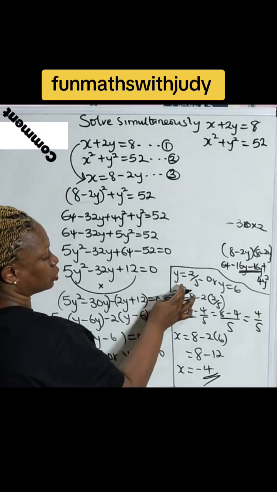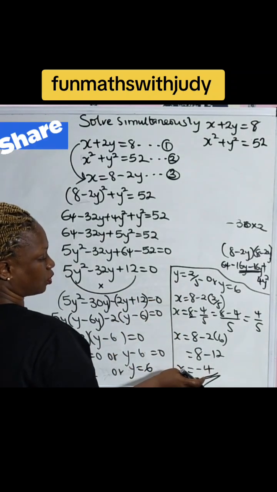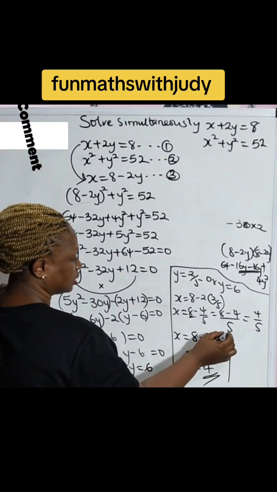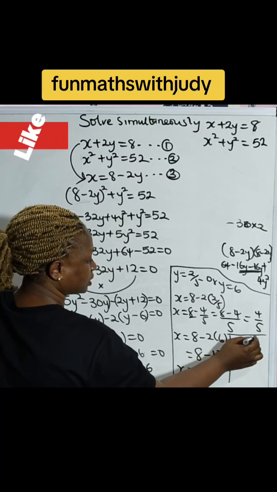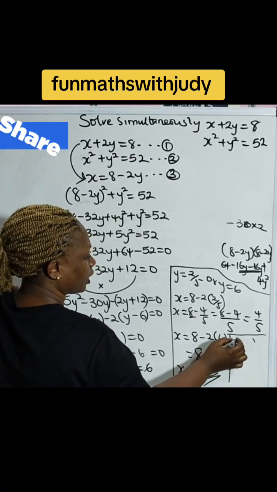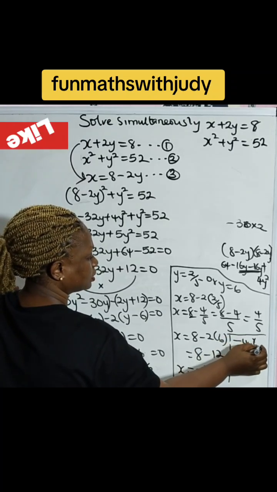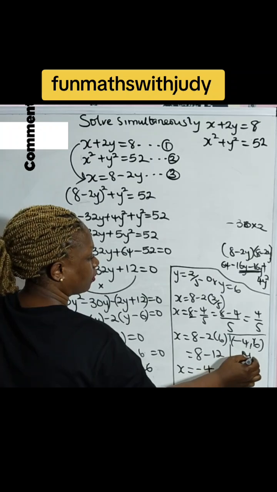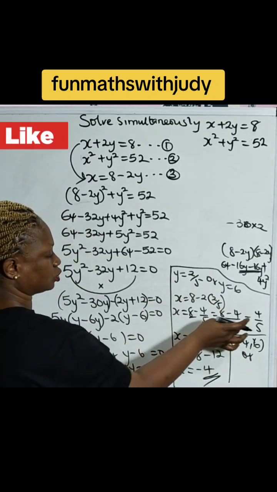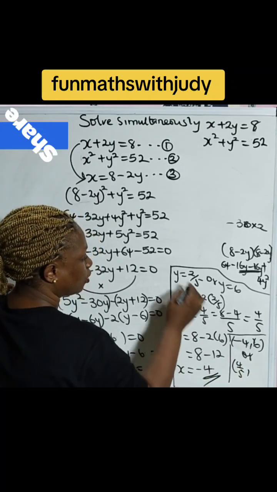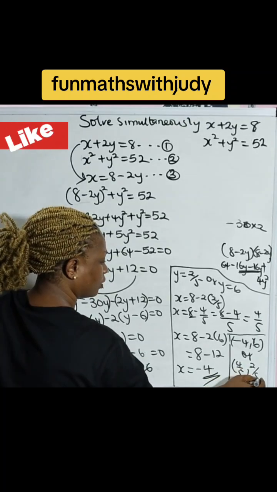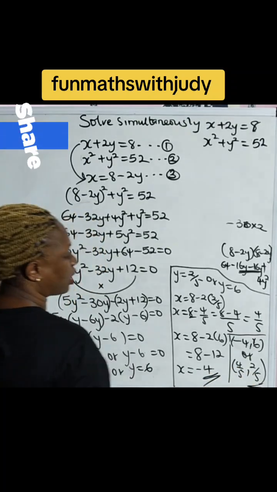When x is equal to minus 4, y is equal to 6, or when x is equal to 4 over 5, y is equal to 2 over 5. And this will be our answer.